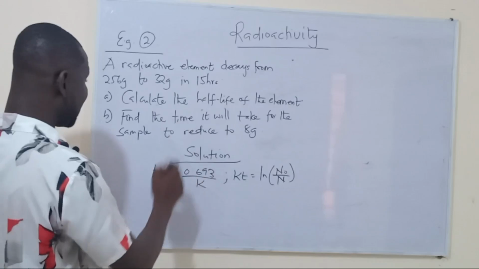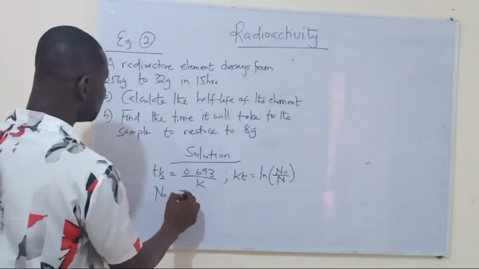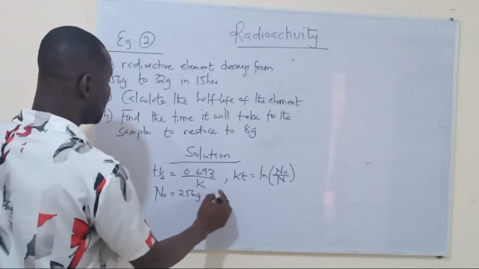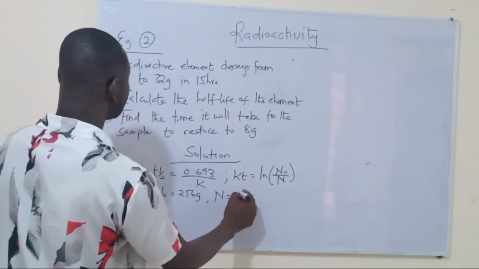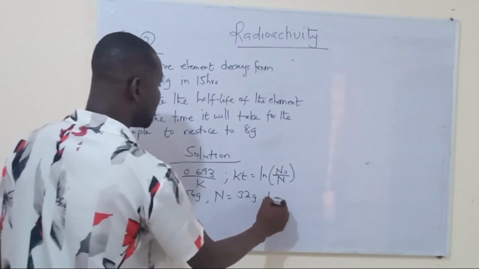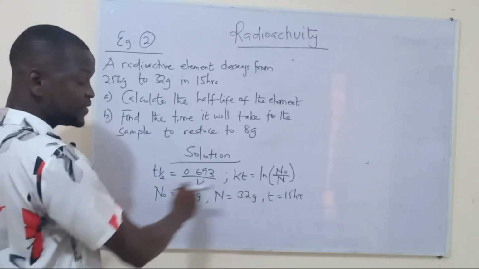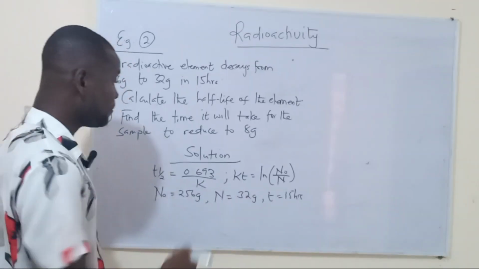With the information I have, I know N0, the initial amount, 256 gram. My final amount is 32 gram. The time is 15 hours. So with this data, I can find my K.